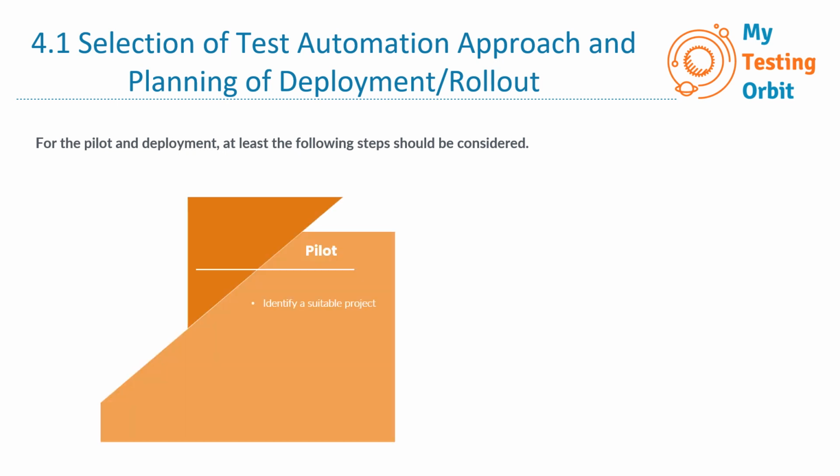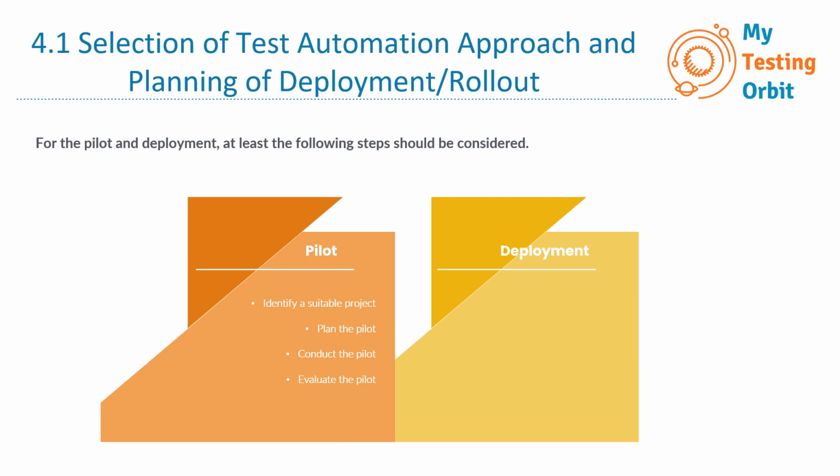For pilot, they are: identify a suitable project, plan the pilot, conduct the pilot, and evaluate the pilot. For deployment, it's identify initial target projects, deploy the TAS in the selected projects, monitor and evaluate the TAS in projects after a predefined period, and roll out to the rest of the organization/projects.